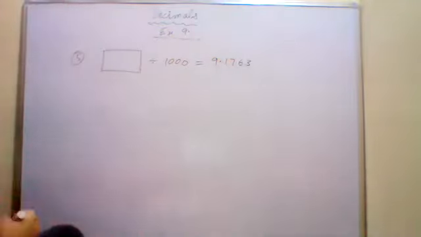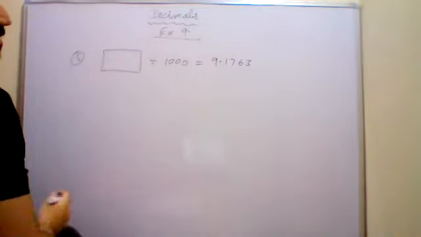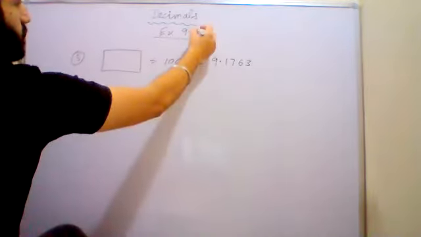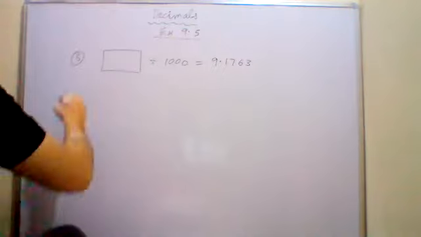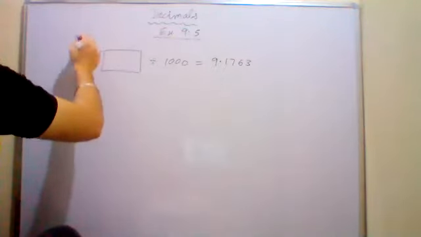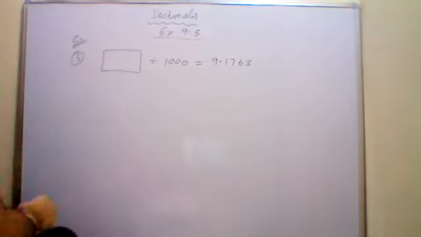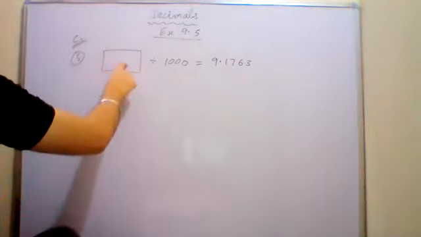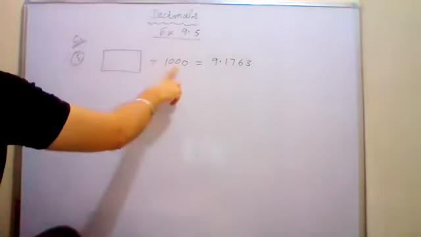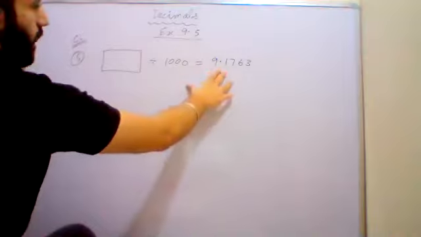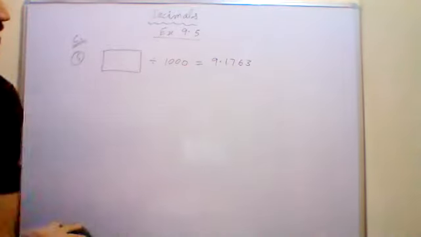Sir, which exercise is this? Because we are still doing 9.5. Someone was asking about the fifth part. So dash is a number which, divided by 1000, gives you 9.1763.